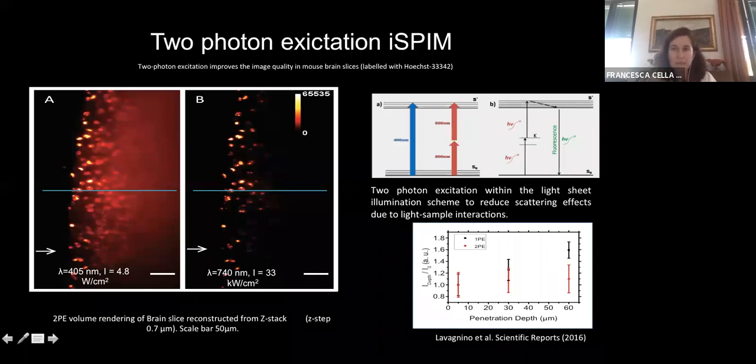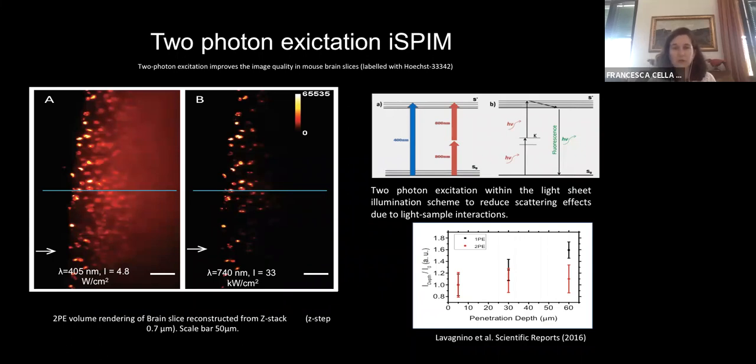So the basic idea is that we can have a higher penetration depth using two-photon excitation, but we can bring it also to brain slices, because we are using this inverted configuration.